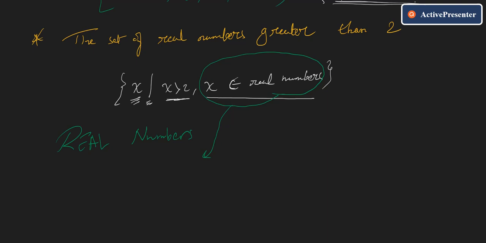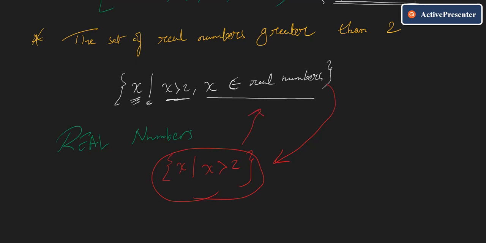So in such a case, we can shorten this notation. You can write it as the set of elements x such that x is greater than 2. We know that x is a real number, so it is a shortened version of this one.